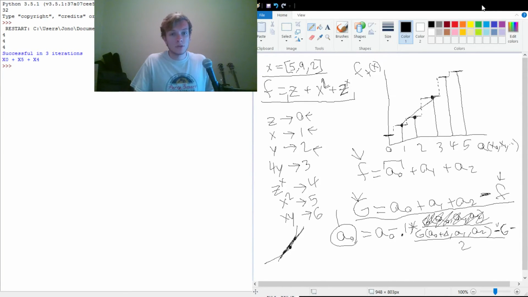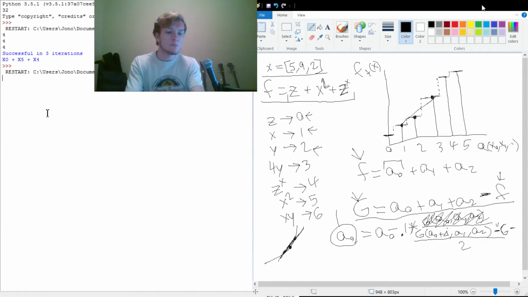So I want to show you the steepest descent. Actually, let me first show you the flaws with Newton Raphson. I'm going to pull up Newton Raphson again, start it up, and pick a bad guess. We're going to say 1, 1, 1. This isn't the answer we want.